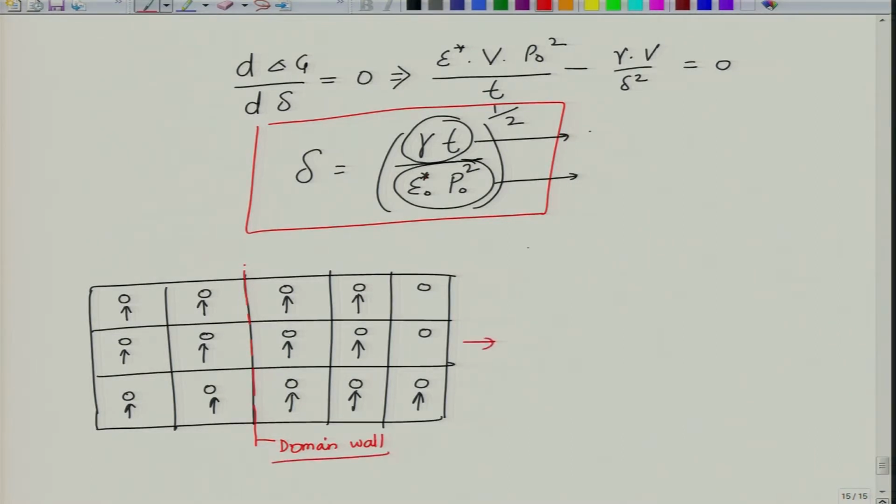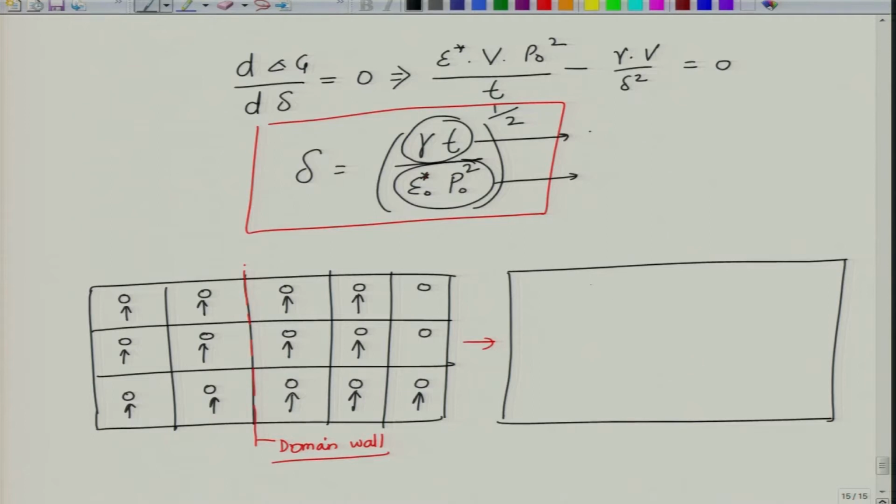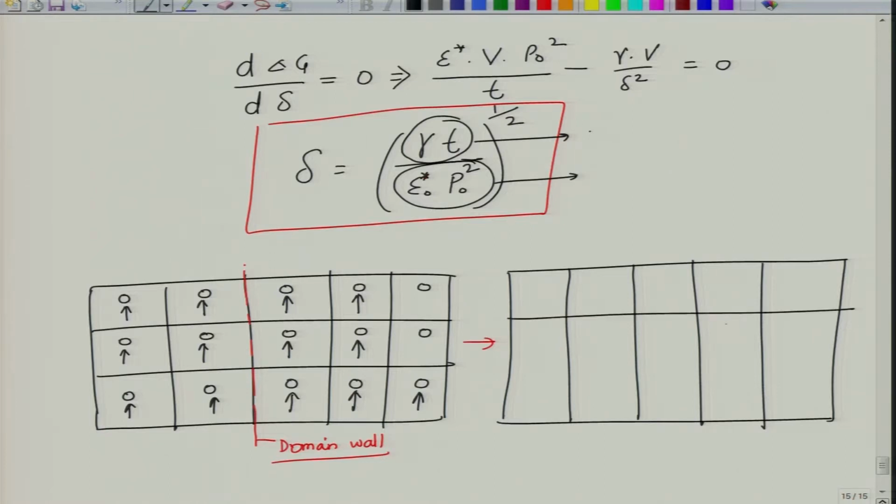then this leads to formation of a slightly different arrangement. So, what will happen is that in these two regions the atom will remain shifted up, in these regions we will have atom shifted down because the polarization is now shifted.